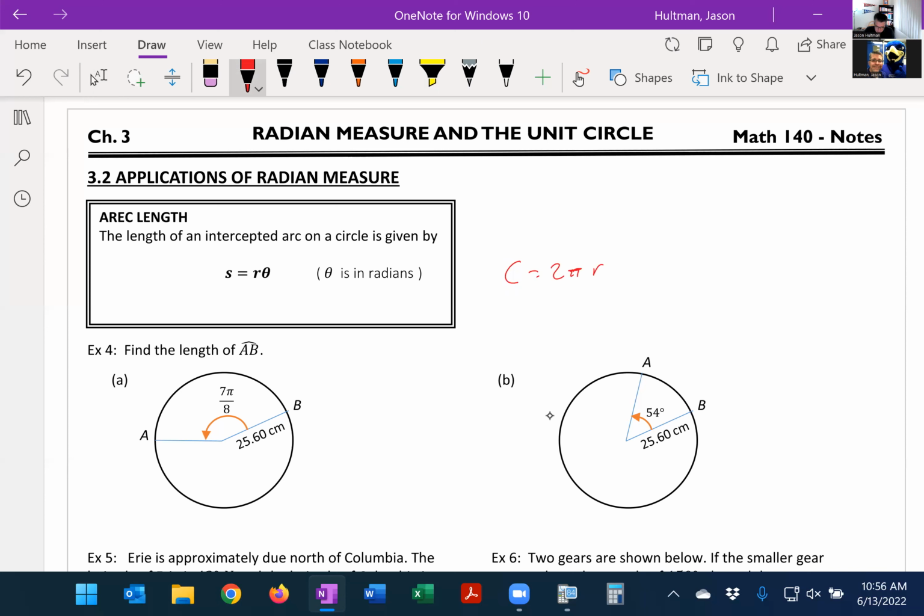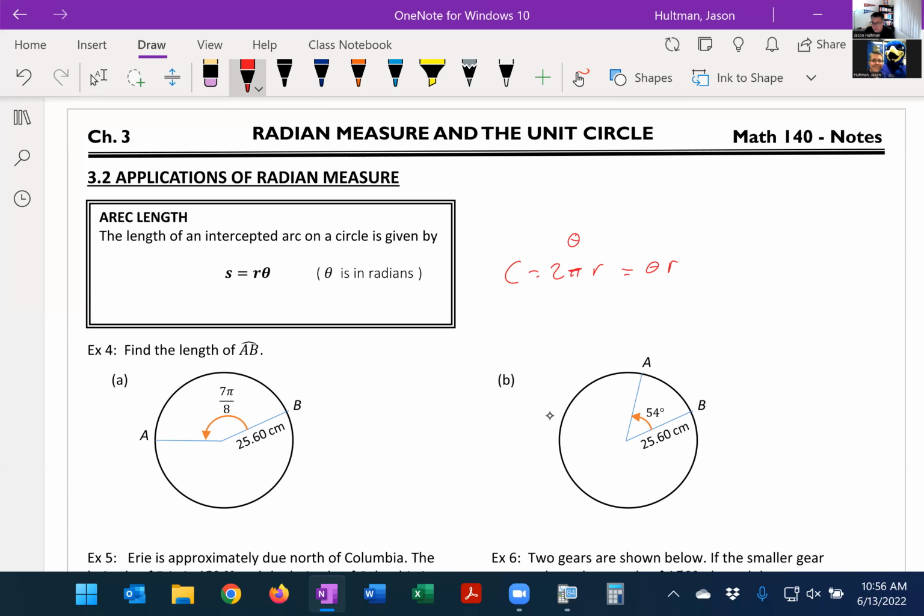If we go all the way around the circle, theta is 2 pi. So if the whole circle is 2 pi, then any piece of the circle, any part of the circumference, is just going to be theta times r. You take your fractional amount, because if you did pi, it would be half the circle.